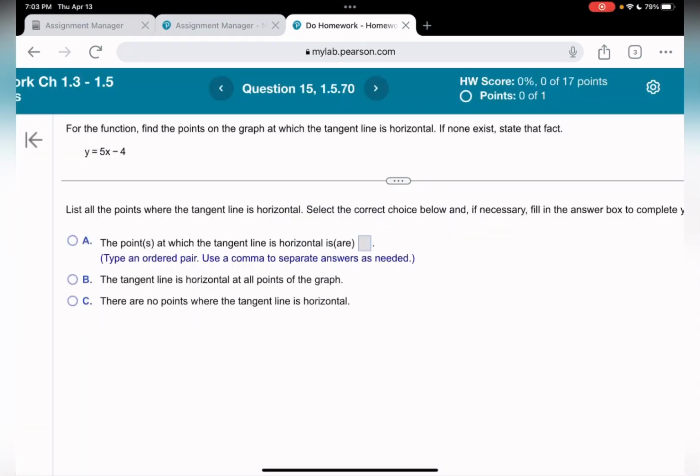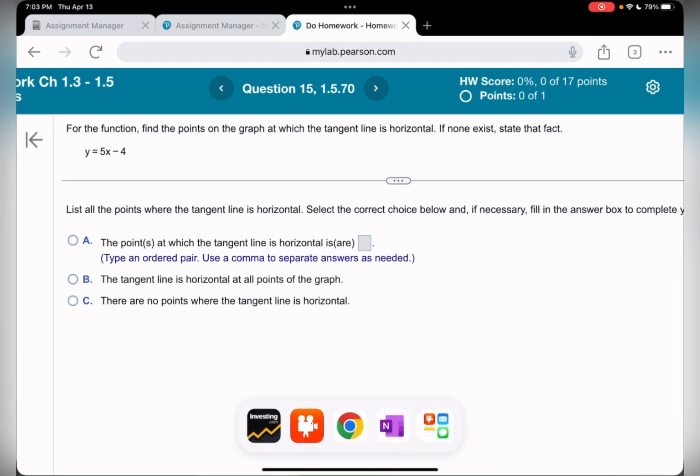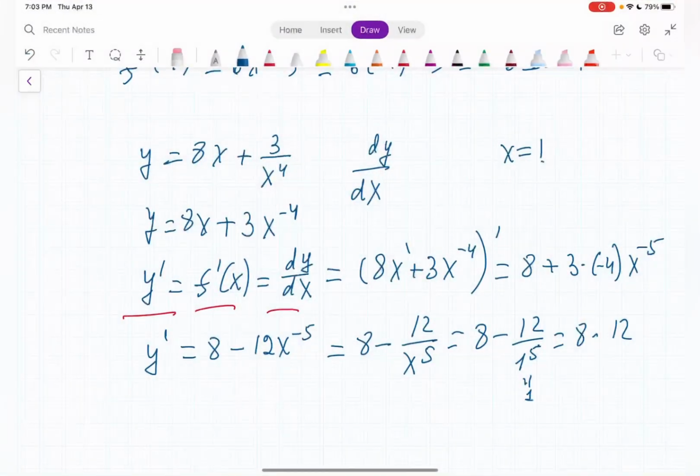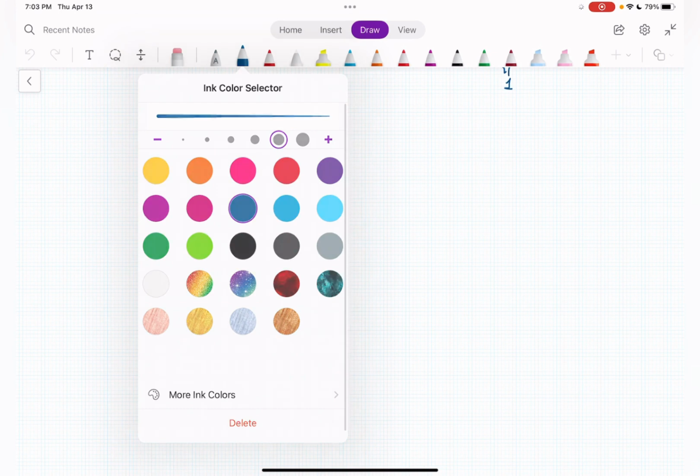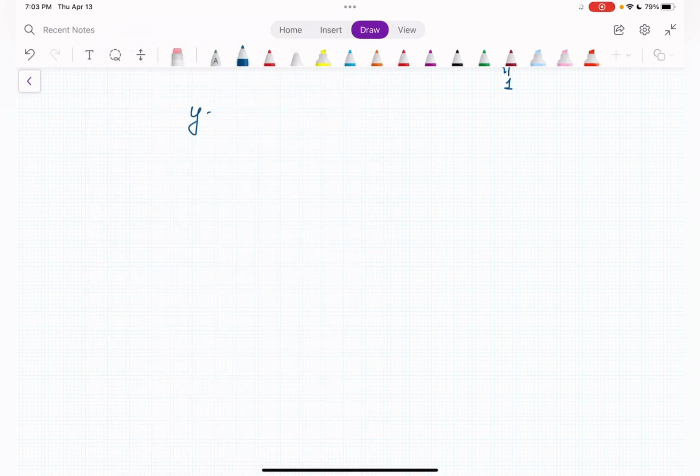Question number 15. For the function, find the points on the graph at which the tangent line is horizontal. If none exists, state that fact. So y is equal to 5x minus 4.